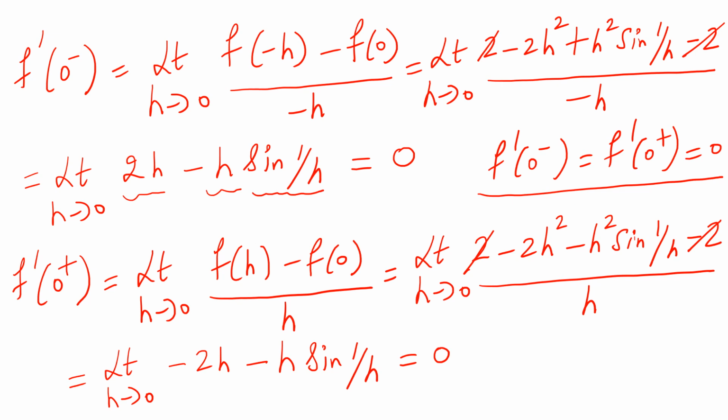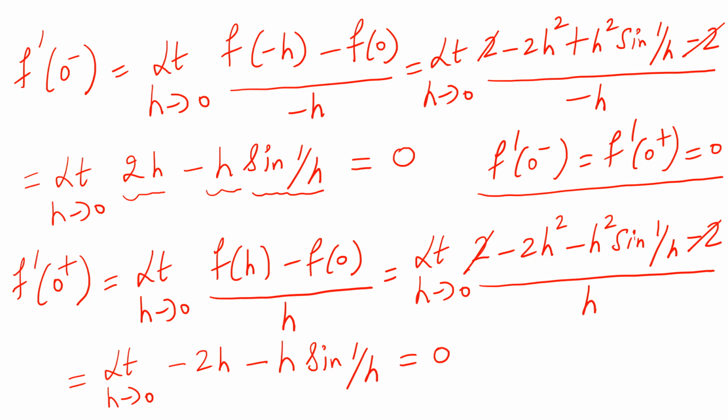Now since the derivative of this function is equal to 0 at x equal to 0, so I can also say that x equal to 0 is a stationary point. And from the previous discussion we know that in the left neighborhood and right neighborhood of x equal to 0, the value of the function f of x is slightly smaller than 2, and the value of function at x equal to 0 is 2.